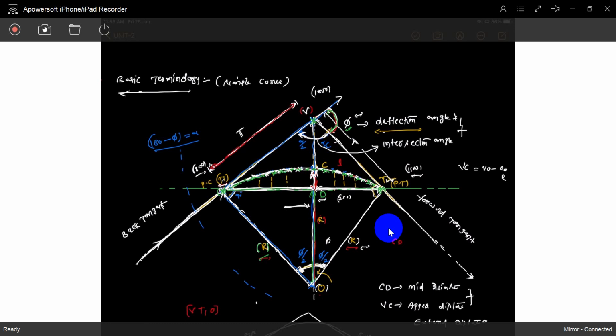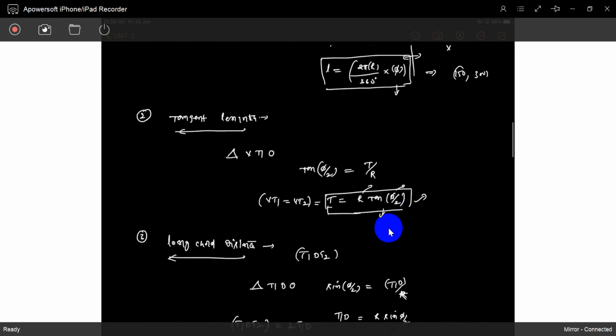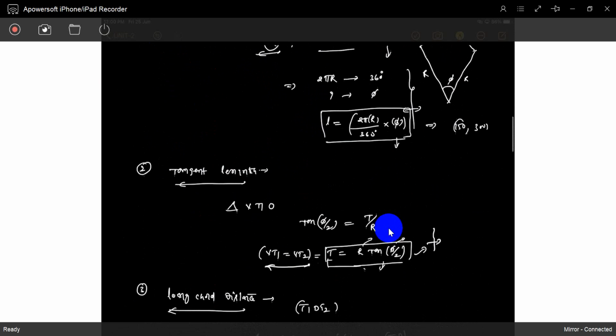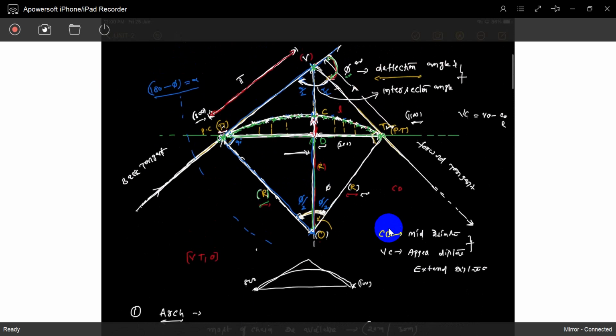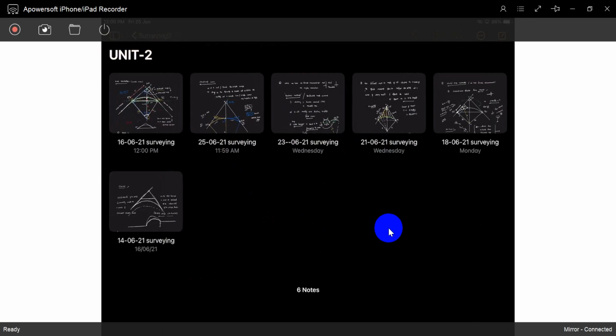What is the length of the tangent? We already derived the formula: tangent length is R tan(phi/2). Very simple, no? And also we said that VT1 is equal to VT2.